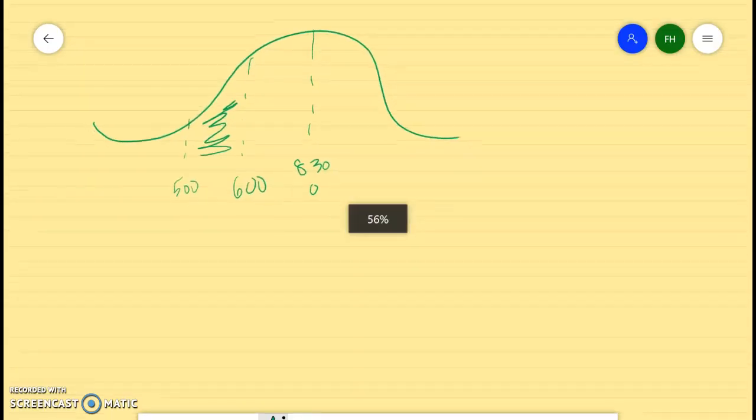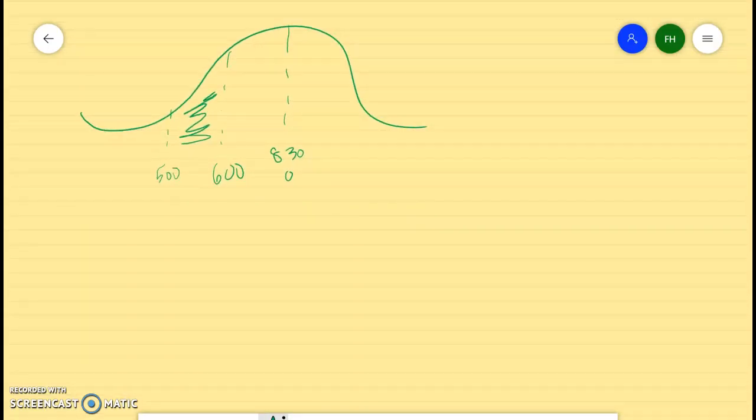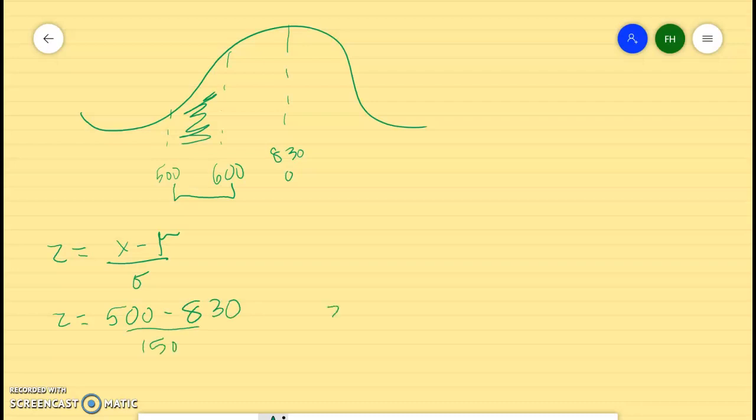First we have to convert these to z-scores. Remember, we do x minus the mean divided by the standard deviation, and we need 2 z-scores here. So we're going to do 500 minus 830 divided by 150, and also 600 minus 830 divided by 150. Let's get both of those z-scores.